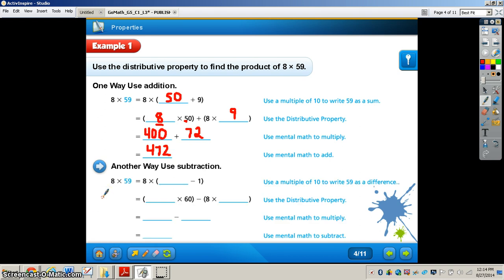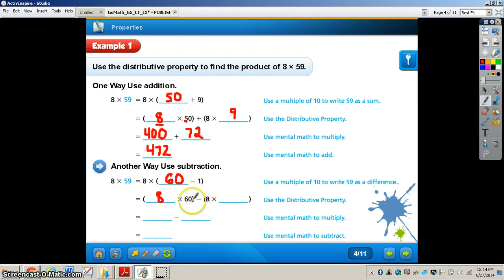Okay, another way we can do this is by using subtraction. We can take 8 times 59, and have that 8 there. We're going to take that 59, and if we add 1 to it, that would give us 60. Then we're going to take that 8 and multiply it by 60.